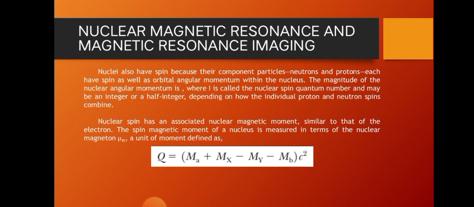Nuclear spin has an associated nuclear magnetic moment similar to that of the electron. The spin magnetic moment of a nucleus is measured in terms of the nuclear magneton mu n, a unit moment defined as Q equals (mA plus mX minus mY minus mB) times c squared.